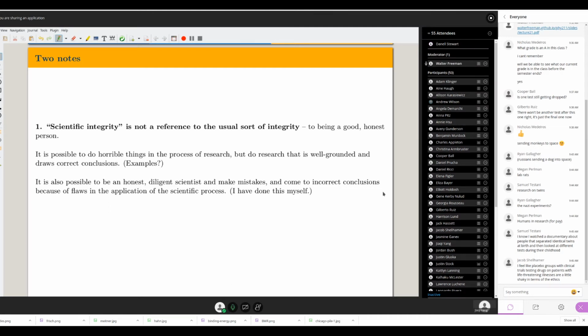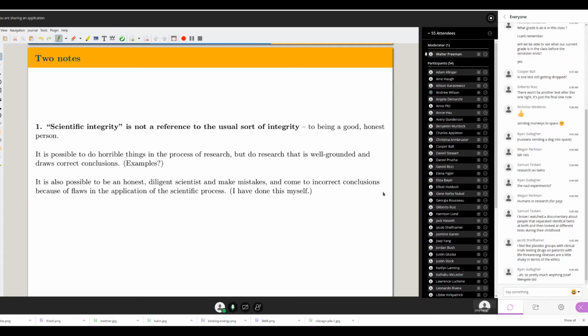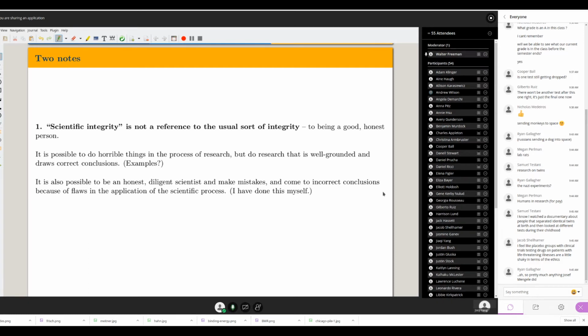Because you want to learn something, but you also want to make sure that the people who are part of your study are supported and aren't harmed and are better off because of it. Ryan's example, the Nazi experiments, is a really good example. The Nazis did a lot of things that were founded on bad science. Their ideas about people of different ethnicities are an example of the flawed science process we will talk about.